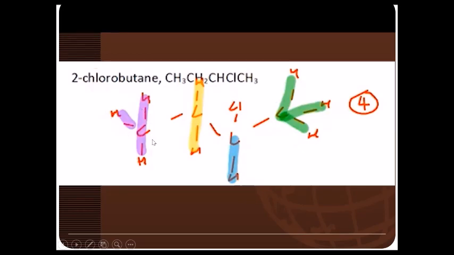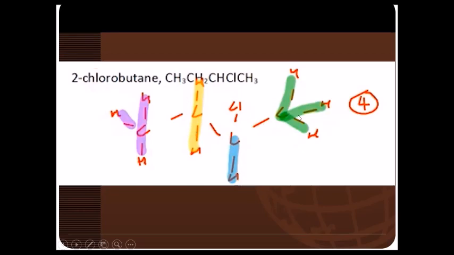Are these CH3 groups the same chemical environment? Look at it carefully. One CH3 group is connected to the carbon with a halogen, with a chlorine. And the other CH3 group, here in purple, is connected to just a normal CH2 group.